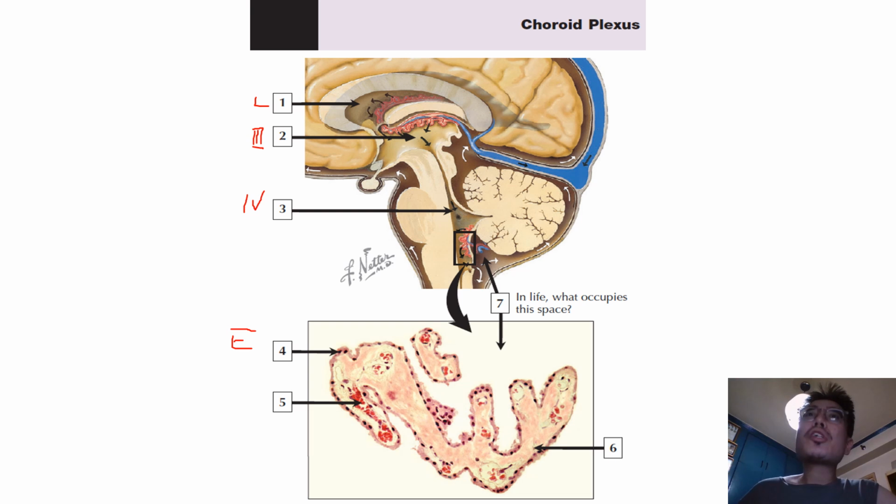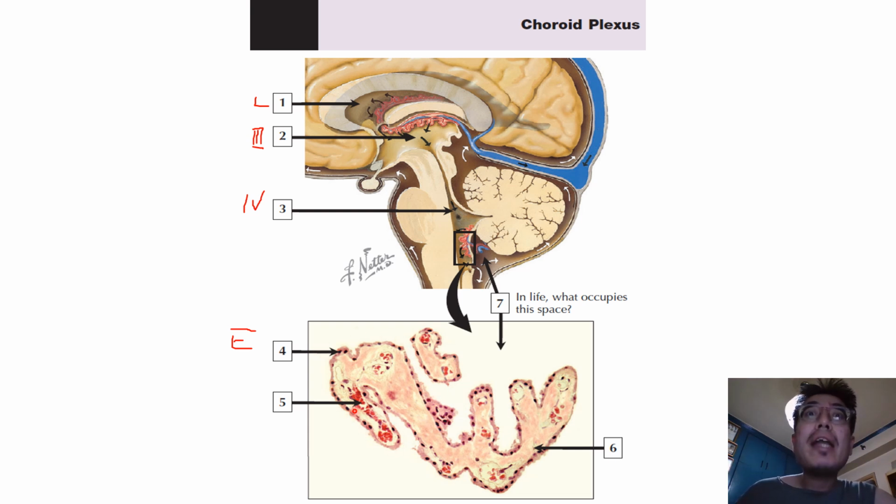The choroid plexus is a specialized tissue in the roof of the third and fourth ventricles and the walls of the lateral ventricles. It produces cerebrospinal fluid, or CSF, which circulates within the ventricles, the central canal of the spinal cord, and the subarachnoid space. The choroid plexus consists of highly branched, leaf-like folds of vascularized pia mater covered by a modified ependyma.